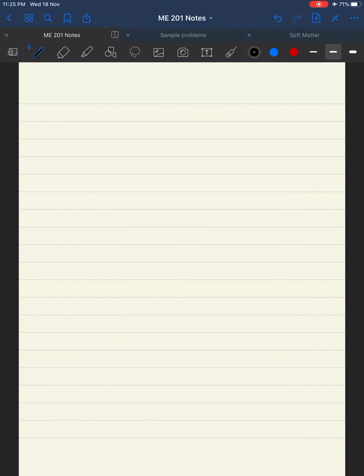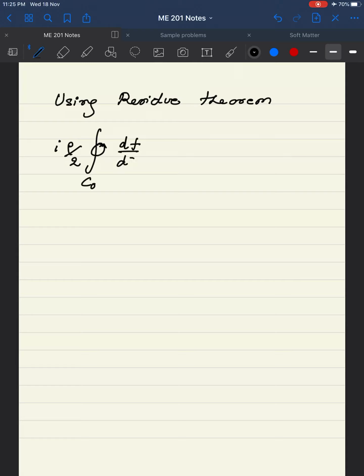Now if you use the residue theorem, there is something called the residue theorem in complex integration, you can evaluate this integral, (i rho by 2) integral over C0 (df/dz)² dz, and I'm just going to state to you the result.